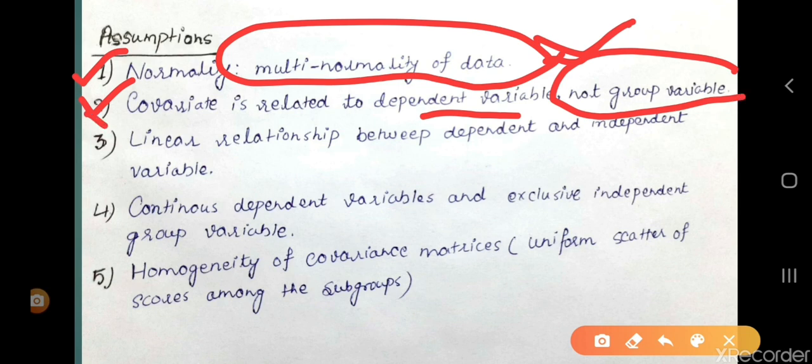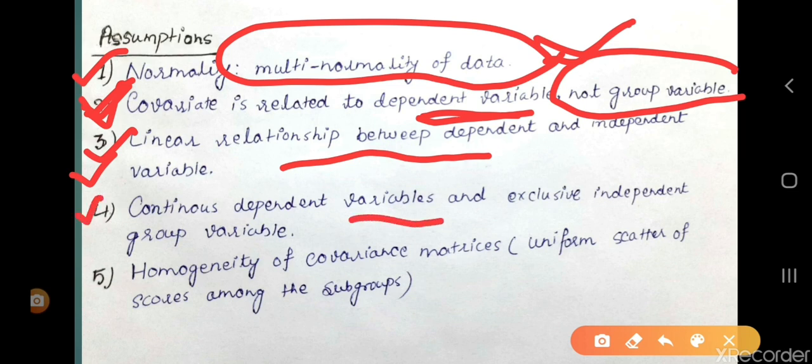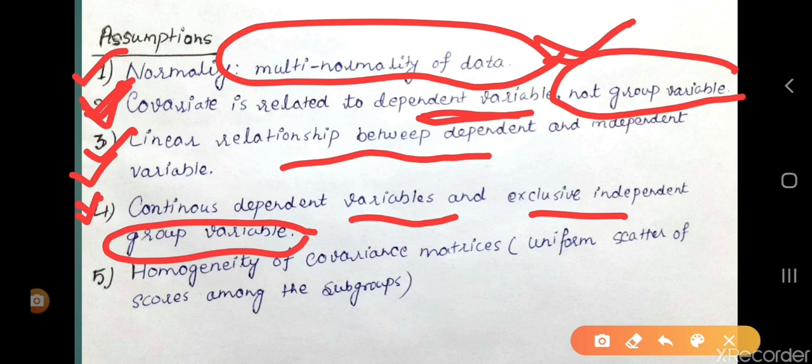Third is linear relationship: there is a linear relationship between dependent and independent variable. Next, continuous dependent variable and exclusive independent group variable. In MANCOVA there are continuous dependent variables and exclusive or fixed group variables.